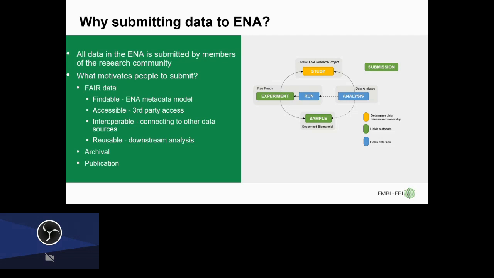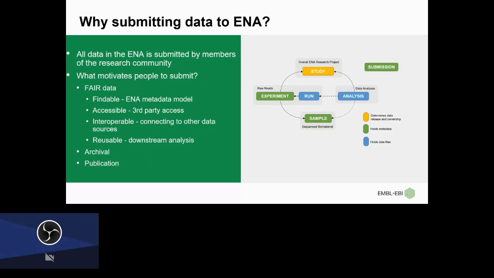On the right-hand side is the metadata model. All the research is captured by a study, and if you have raw sequences, you can submit them to us as runs, and the description of your raw sequences can be captured as experiments. Your methods to prepare the sequence can be captured as samples. And if you do your own in-depth analysis, of course, the analysis results can be submitted as analysis.